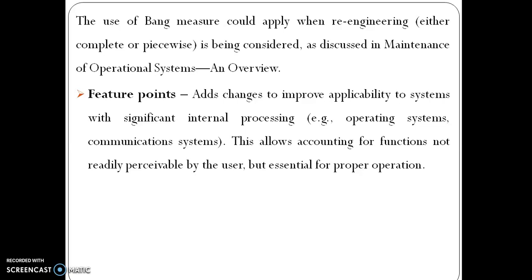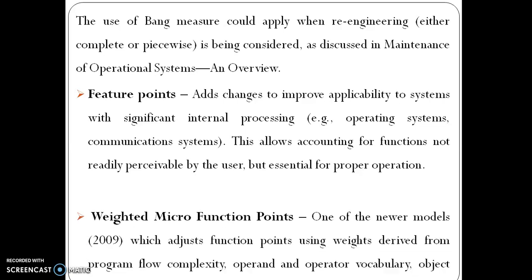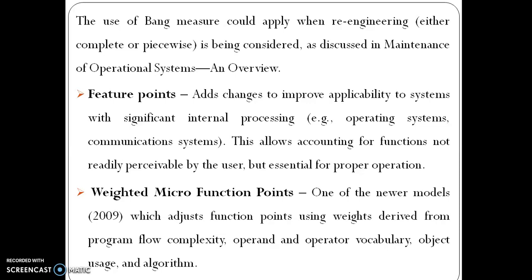This allows accounting for functions not readily perceivable by the user, but essential for proper operation. Weighted micro function points is one of the newer models, which adjusts function points using weights derived from program flow complexity, operand and operator vocabulary, object usage and algorithm.